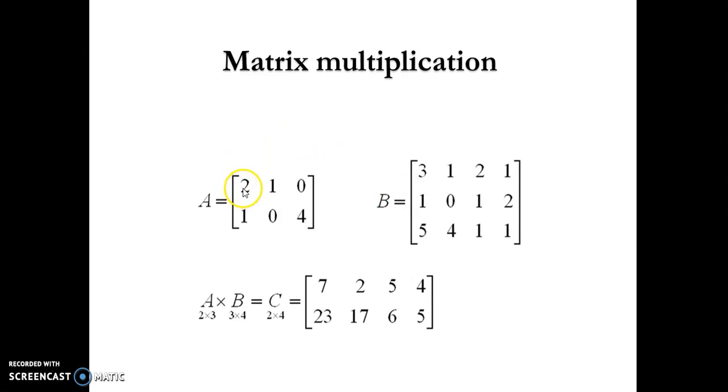So I'm going to take 2 times 1, which is 2, plus 1 times 0, which is just 0, and 0 times 4 is just 0. So if I sum those three values, it's 2 plus 0 plus 0. I'm just going to get an answer of 2. So that's just one example. See if you test yourself, can you obtain all these elements, which is given by the product of matrix A times matrix B.